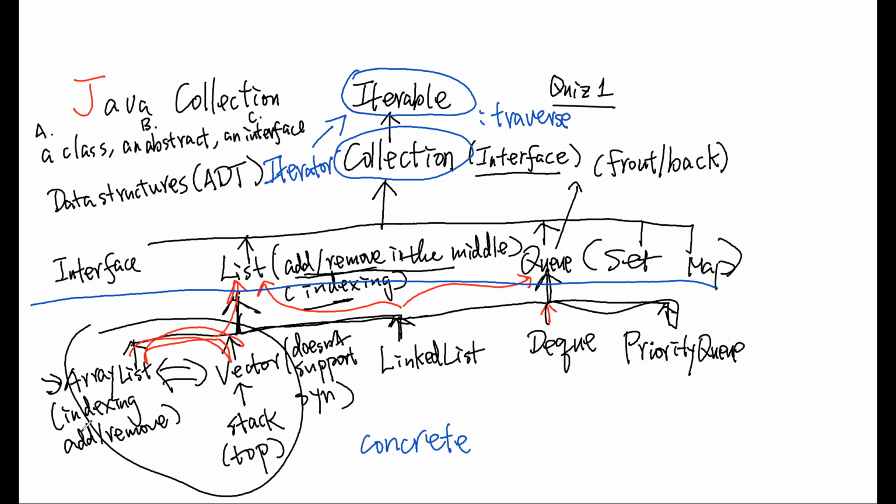Based on your needs, you can pick specific different data structures. So that's the general architecture of the Java collection. Regarding set and map, it's not part of our class.